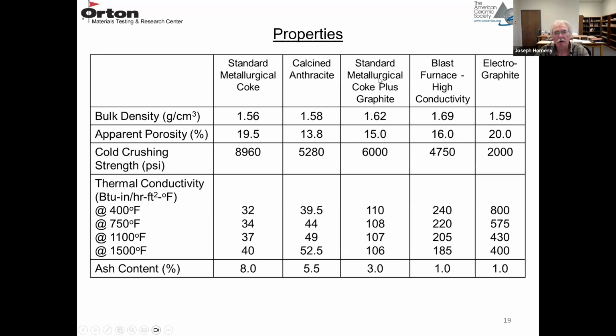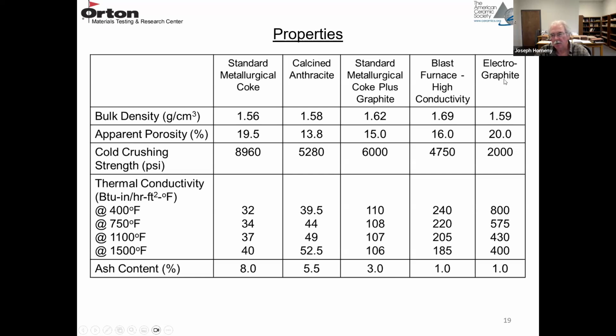And then as you add graphite to the metallurgical coke, you can see the conductivity going up. It's around 100. And then the higher conductivity blast furnace material, which has a higher graphite content, that is maybe 200 to 240.